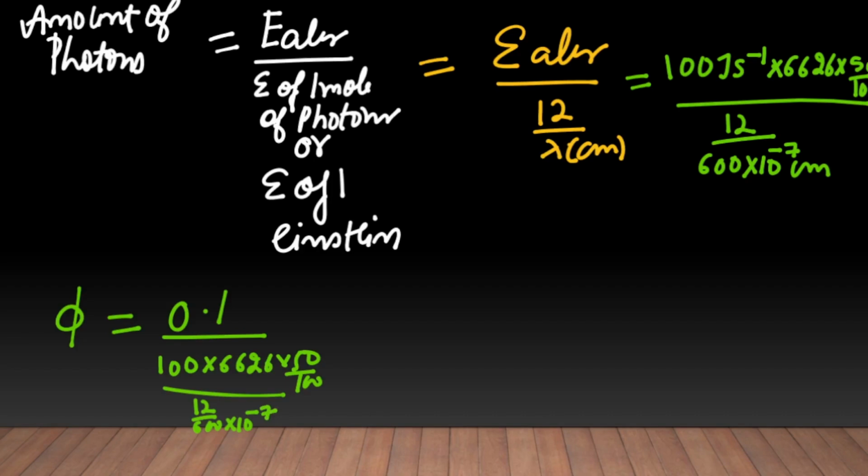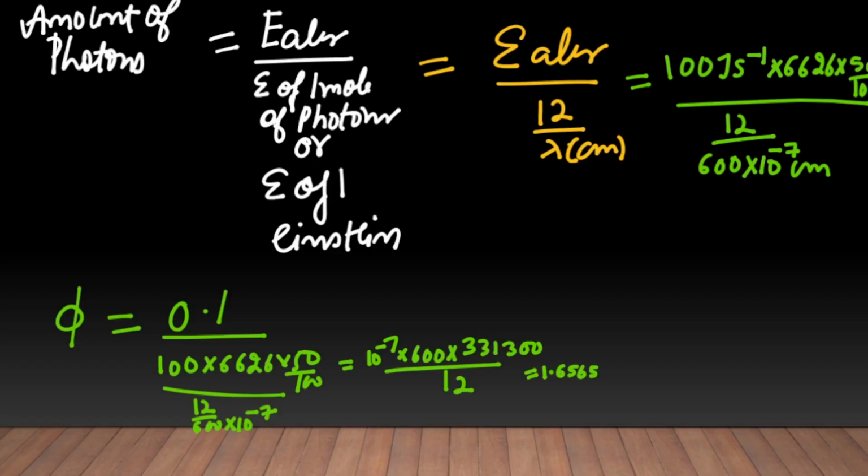So here the values we will be getting: 10 raised to the power of minus 7 into 600 into 331,300 upon 12. This will give us the value of 1.6565.